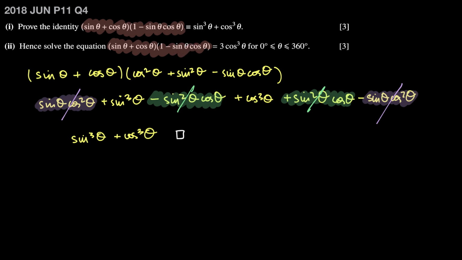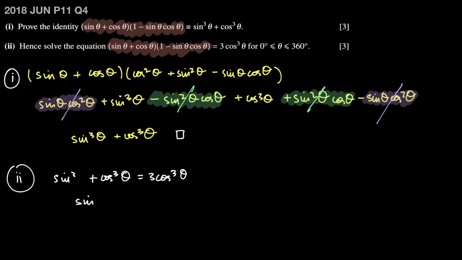So for part 2, we can say that sine cube theta plus cosine cube theta is equal to 3 cosine cube theta. If we simplify, we get sine cube theta is equal to 2 cosine cube theta. We just subtracted cosine cube theta on both sides.